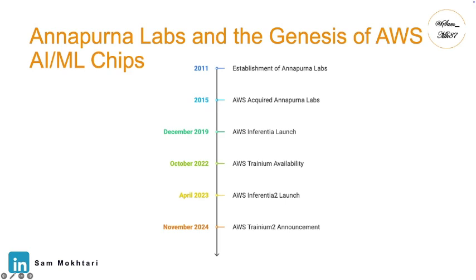In April 2023, AWS launched Inferentia 2, which offers up to 4 times higher throughput and also up to 10 times lower latency than version 1. It supports complex models, including large language models and also vision transformers, and also powers EC2 Inf2 instances optimized for large-scale inference tasks.